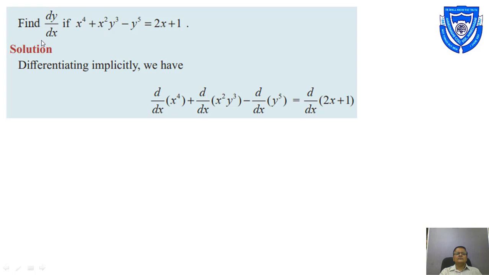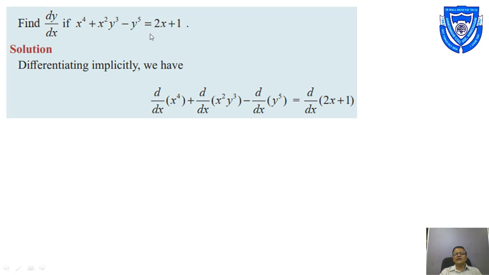Then find dy by dx if x raised to 4 plus x square into y cube minus y raised to 5 is equal to 2x plus 1. This is also an implicit function. No specific method is there for differentiation of implicit functions. We just differentiate, using product rule, quotient rule, chain rule depending on the nature of the problem.